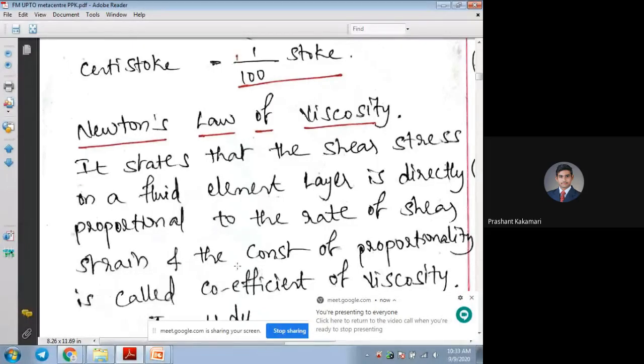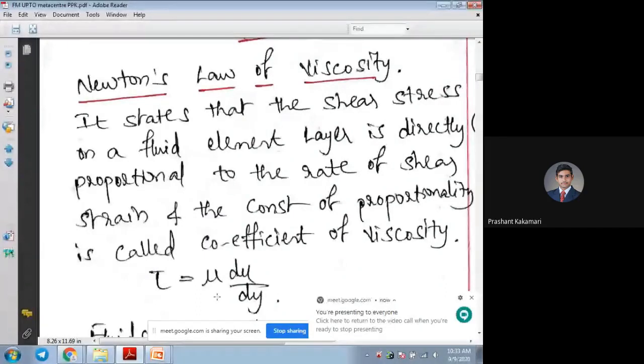So now, by understanding this equation of viscosity, the experiment that Newton conducted and the equation he found, tau equal to mu into du by dy, we now know. If you try to define it, it states that the shear stress in a fluid element layer is directly proportional to the rate of shear strain.